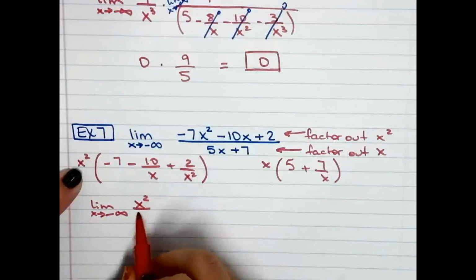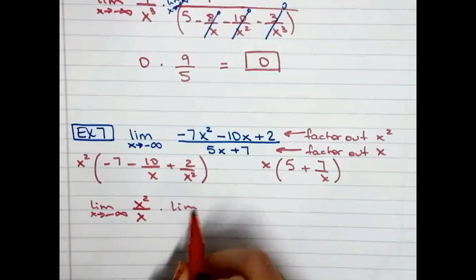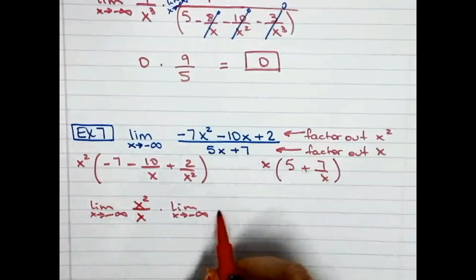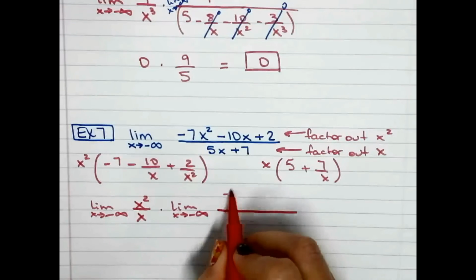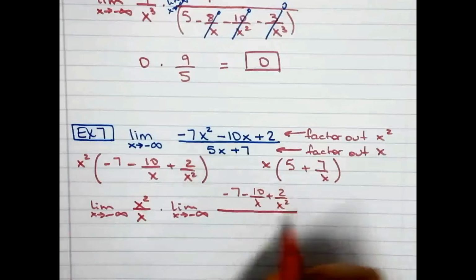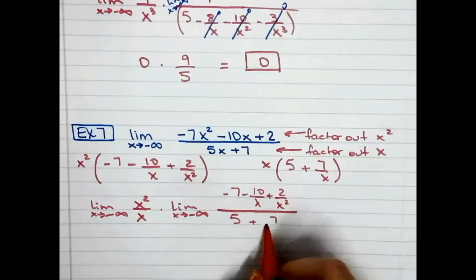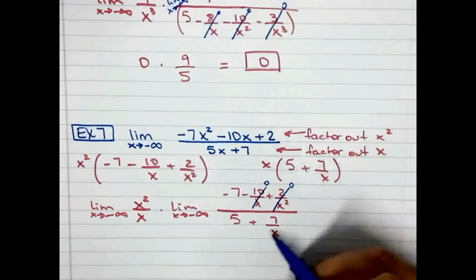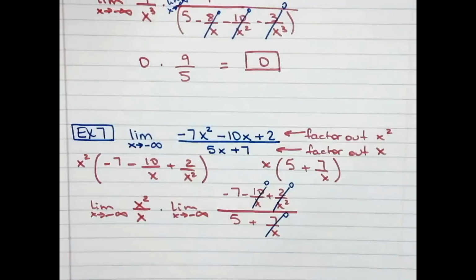So x squared over x times the limit as x approaches negative infinity of whatever I have left over. So negative 7 minus 10 over x, and 2 over x squared. Okay, bottom heavy, those are all zeros.